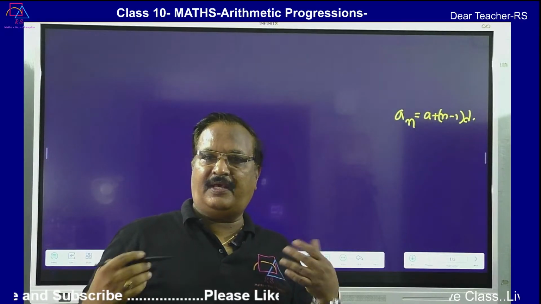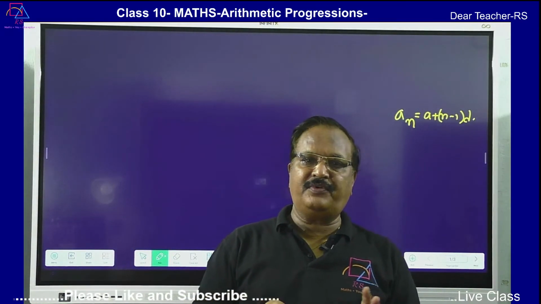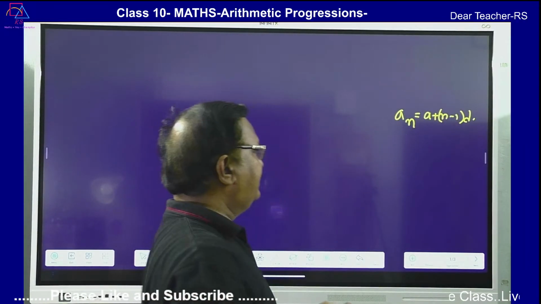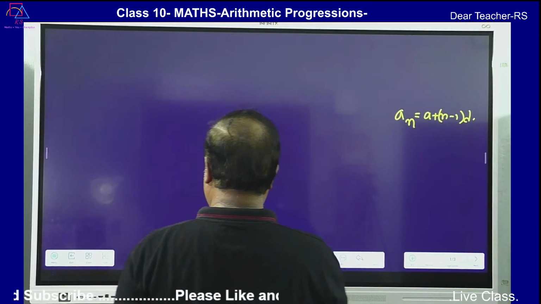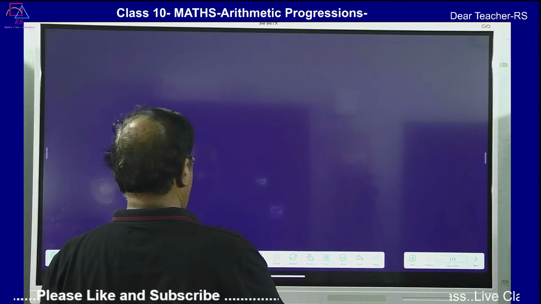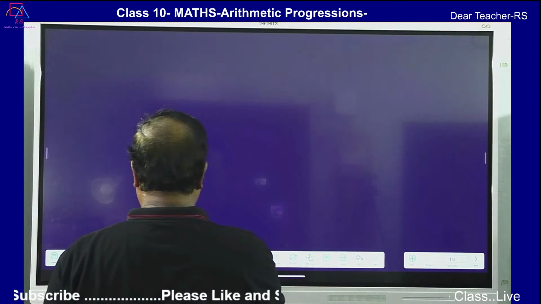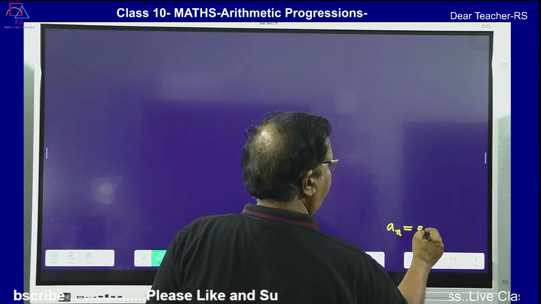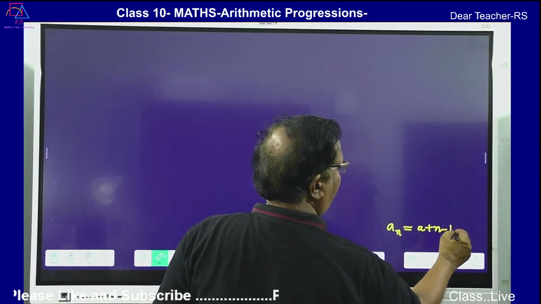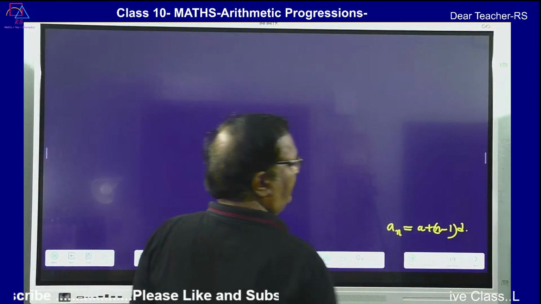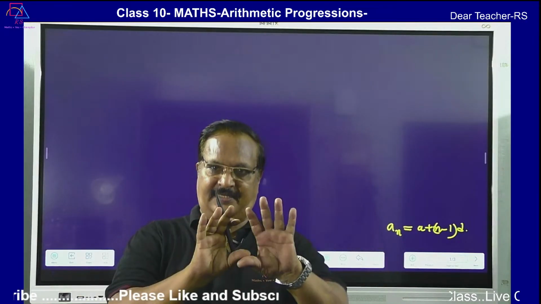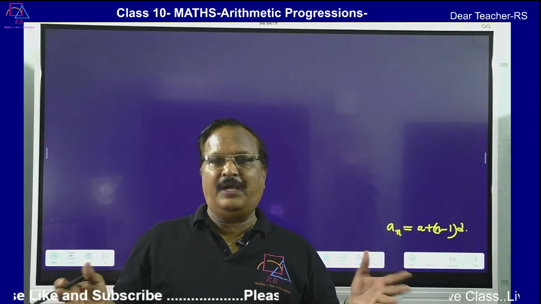Now our target is to find out the sum of n terms, Sn. So now let us start. You have to remember this formula: an is equal to a plus n minus 1 into d. That means you have to write n terms and add them.